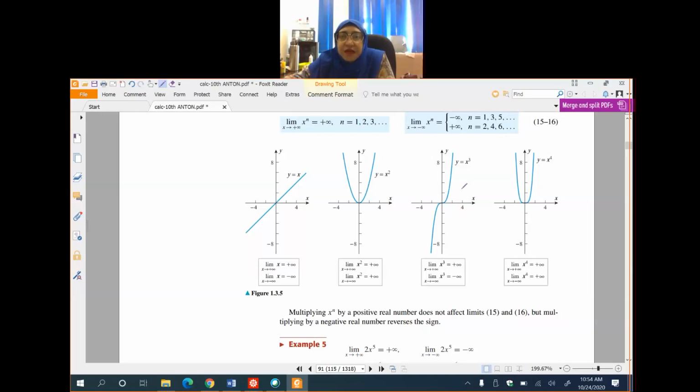If you look closely, the graph of order 4 is somehow similar to the graph of order 2. Okay, but if you look at the shape of the graph, it's getting slimmer compared to when we have y equal to x to the power of 2.